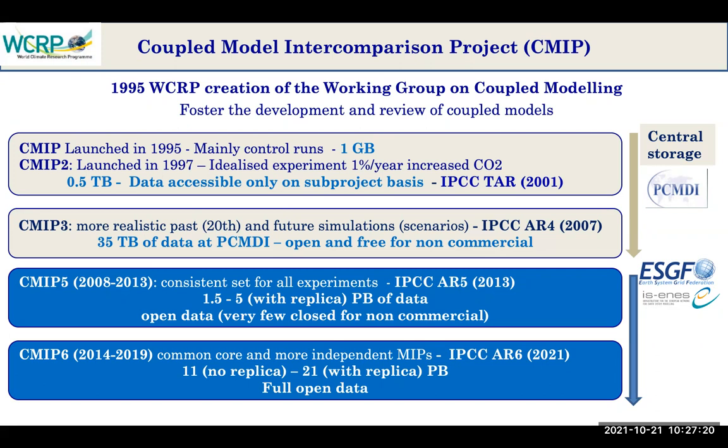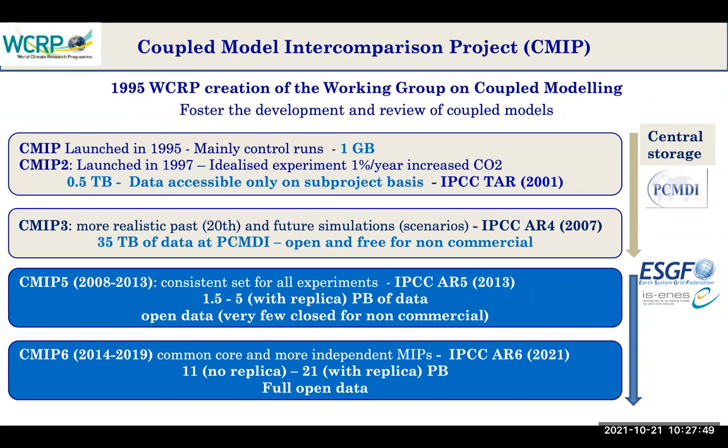One other aspect of interest is the way we have shared the data in the community. At the start, data were only accessible on a sub-project basis, so you had to declare for which use you wanted access. CMIP3 was open and free for non-commercial use, so still restricted to non-commercial.